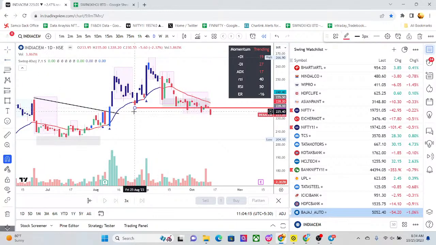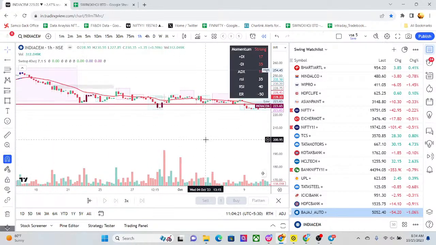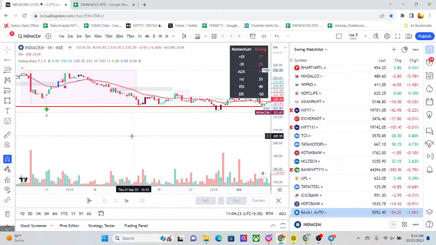So this is a good area for entry. Let's go into 1 hour, 21st September.